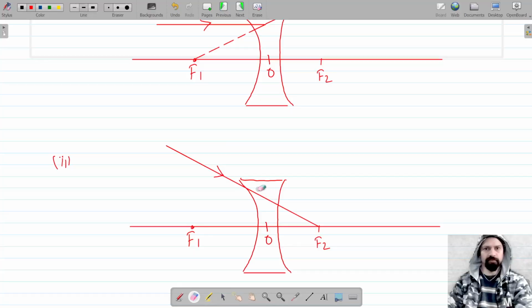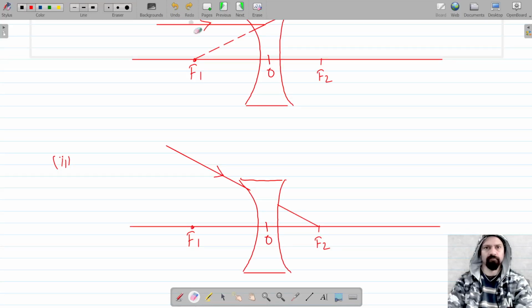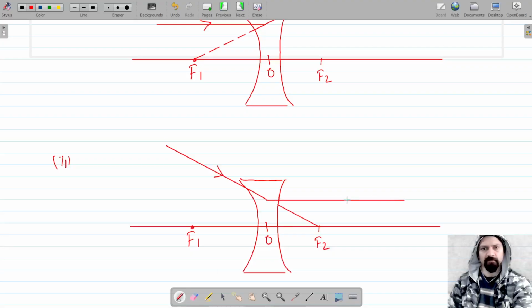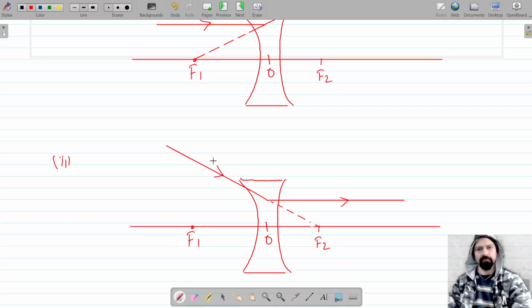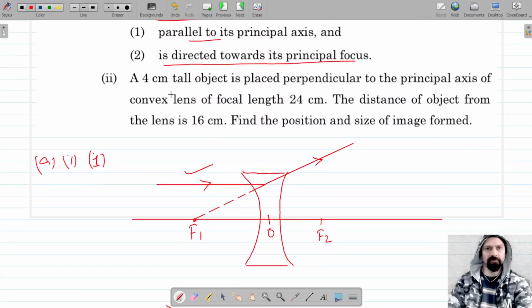If this is directed towards the principal focus, it will be refracted and move parallel to the principal axis. So this is the ray diagram for the first two cases.